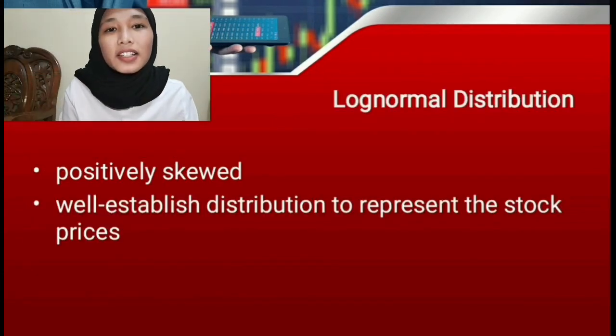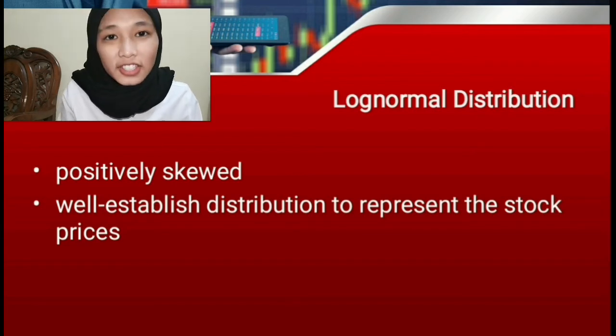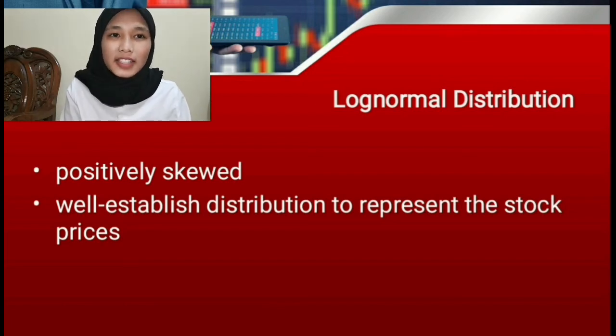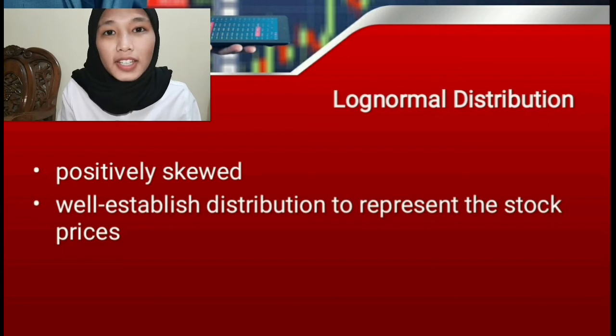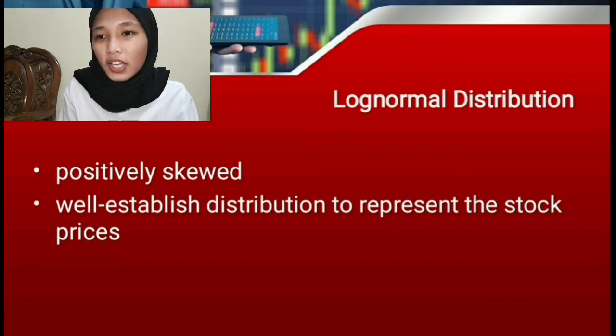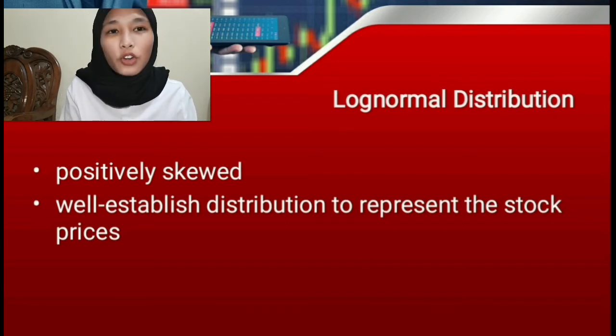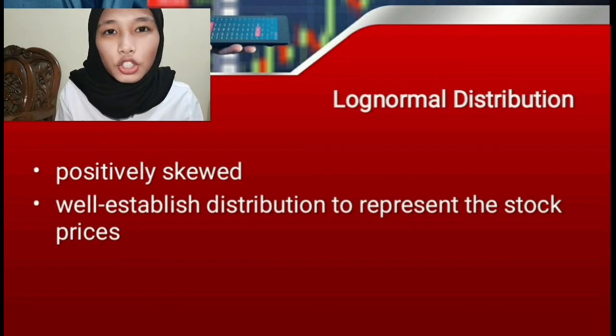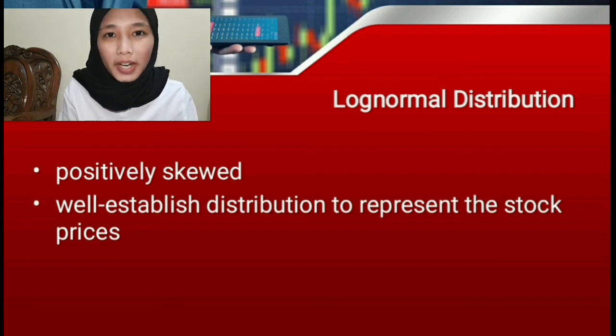Previously, the normal distribution had been applied to the SD method, but it has the disadvantage of not being able to represent stock prices because it implies that the value of stock prices can be negative. So in this research, we use the log-normal distribution that is positively skewed, therefore it is a well-established distribution to represent stock prices.